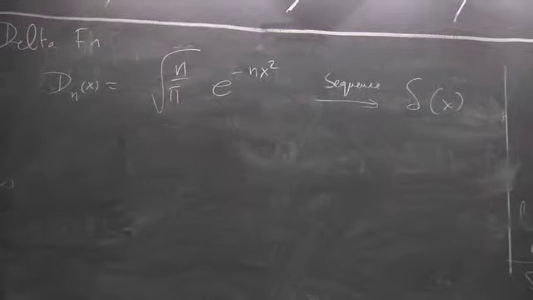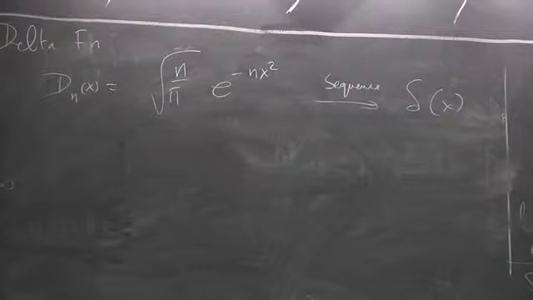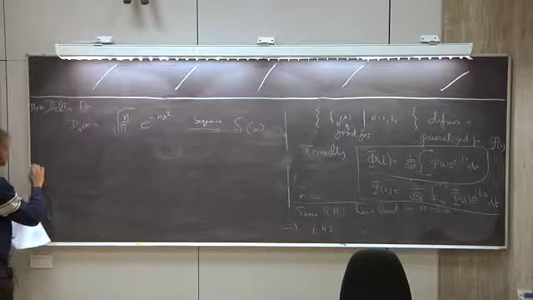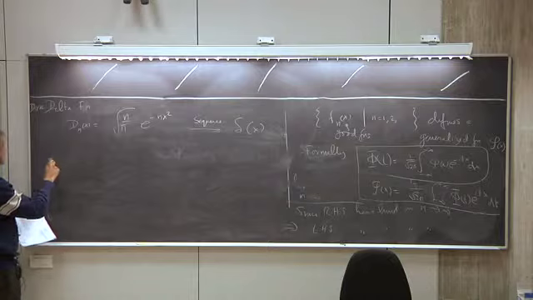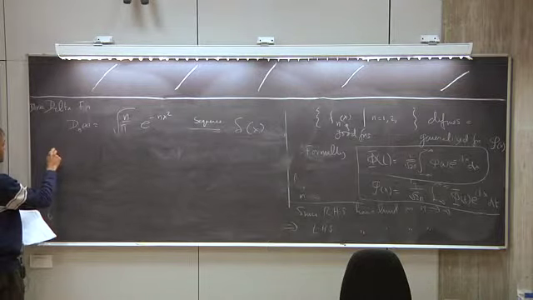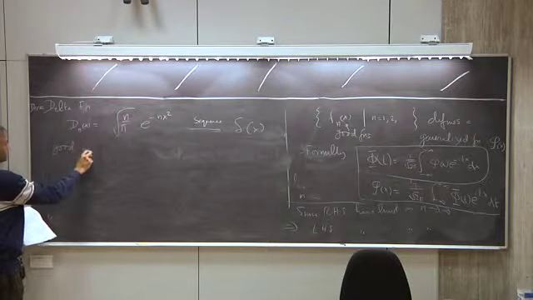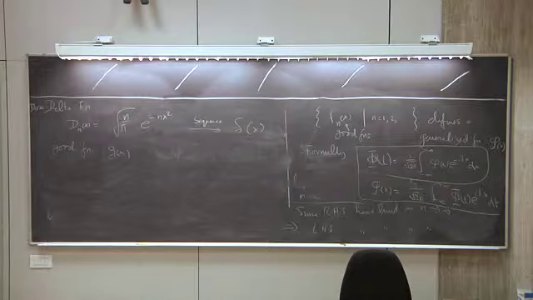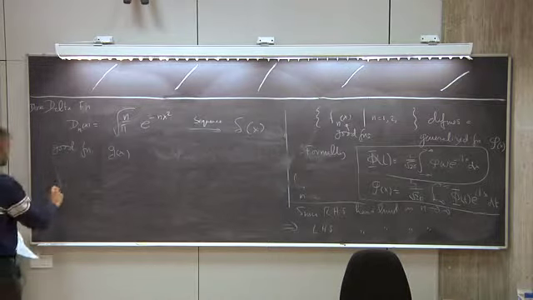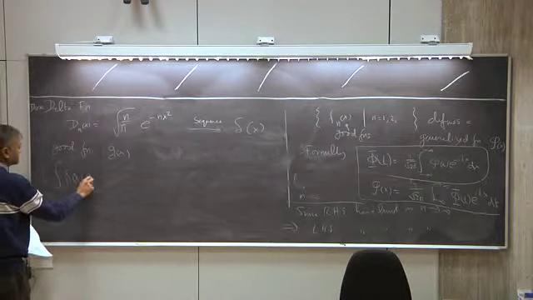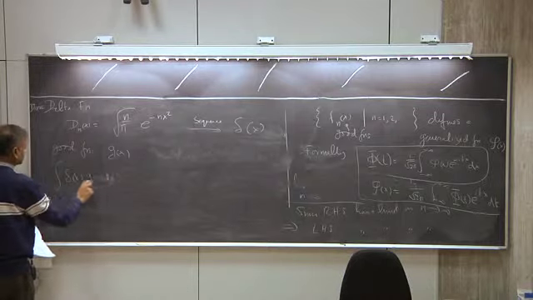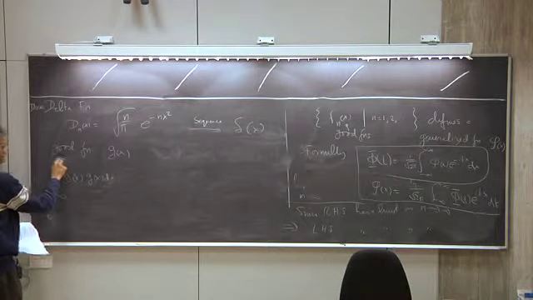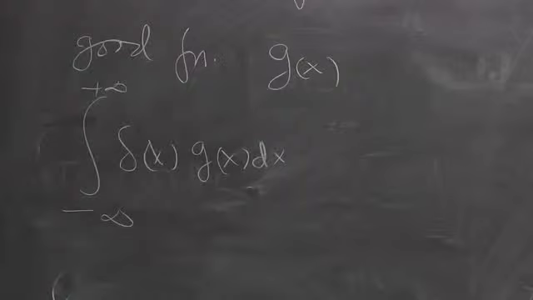There are several properties we can immediately see. Let us take any good function g of x, and ask the question: what is the integral of delta x g x dx? You know what the answer should be.